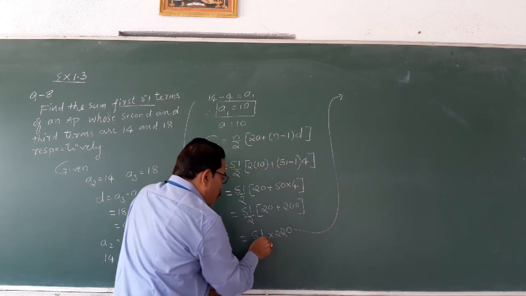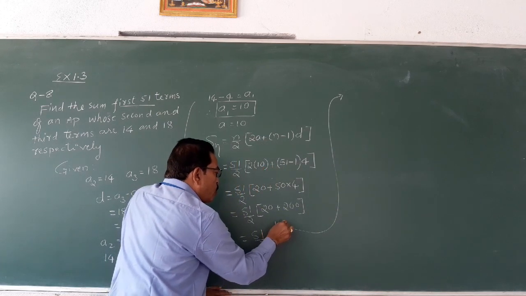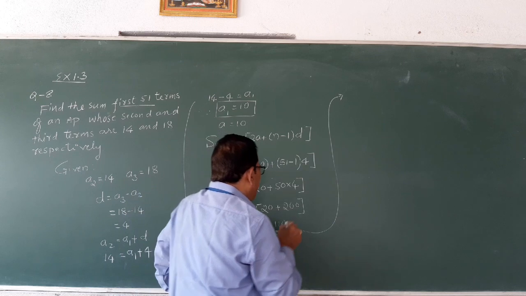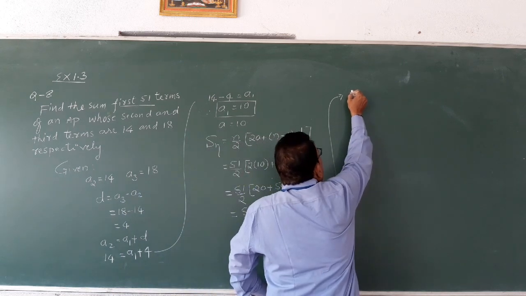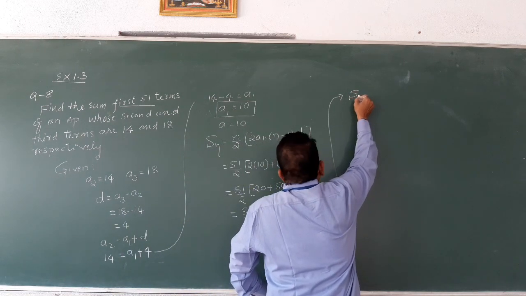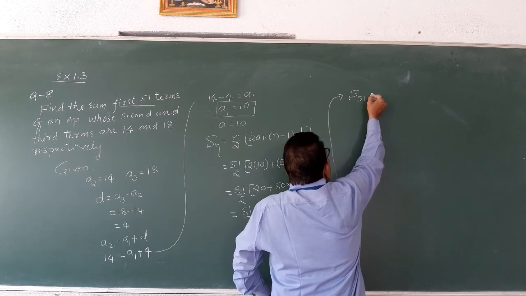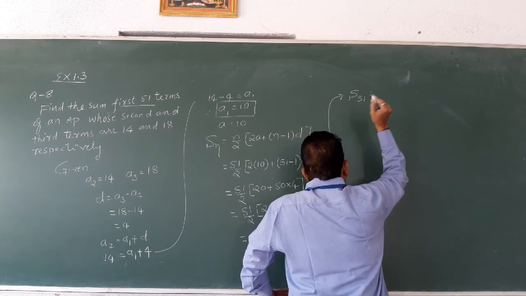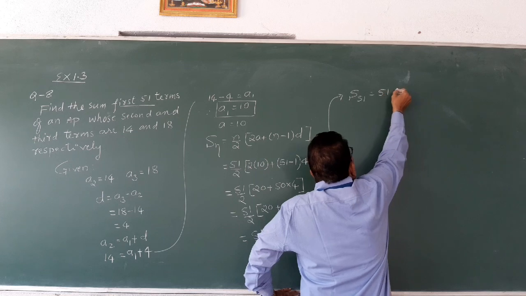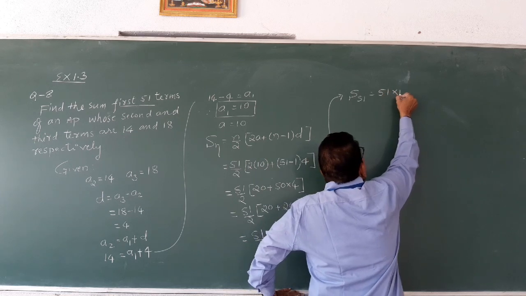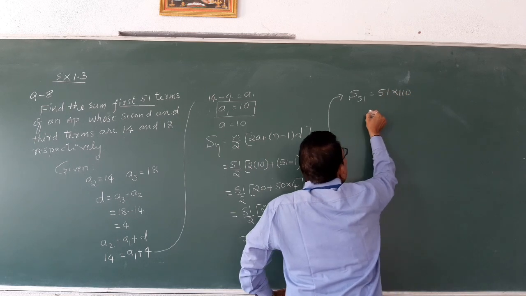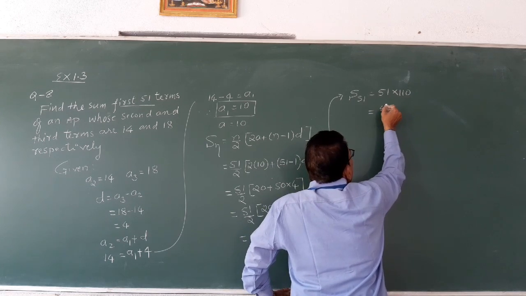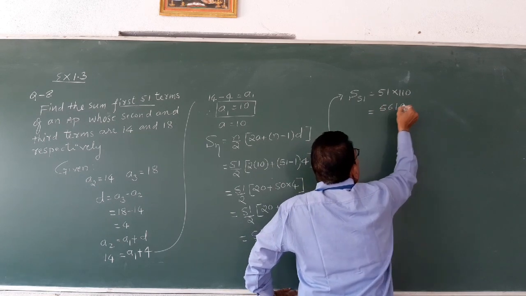That is 51 into 110. That is equal to 5610.